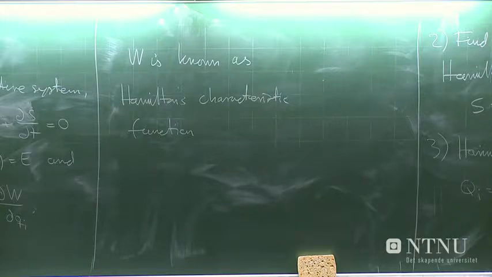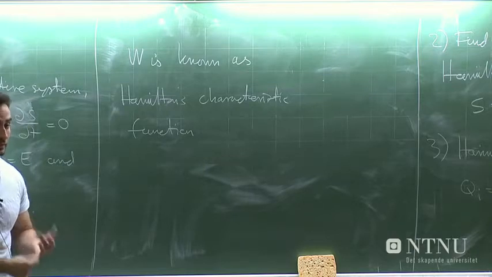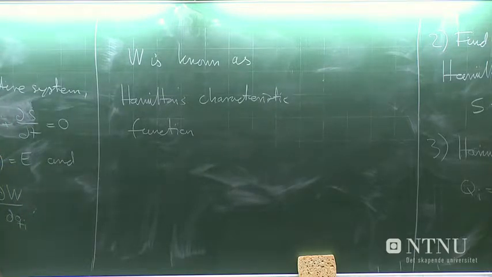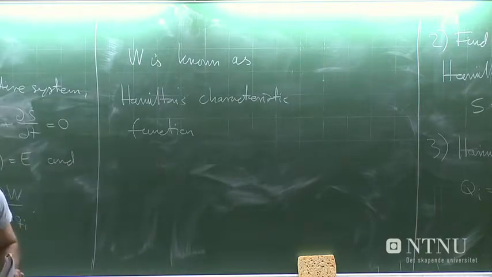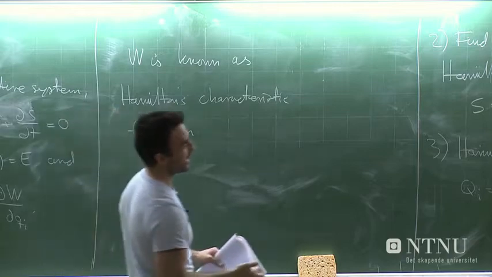Now, it's not the end of the world if you get these terms mixed up, which one is the characteristic, which one is the principal function. But it's good to be aware of the notation here. So S is the principal function, W is the characteristic function. Okay, so let's have a look at how this theory works. Let's have a look at it in action.